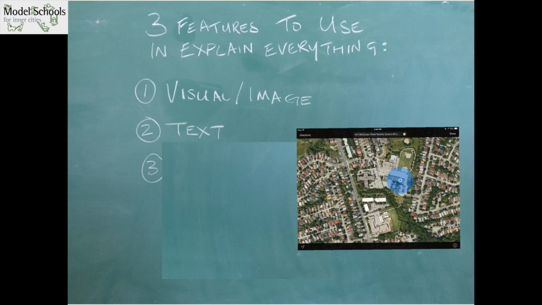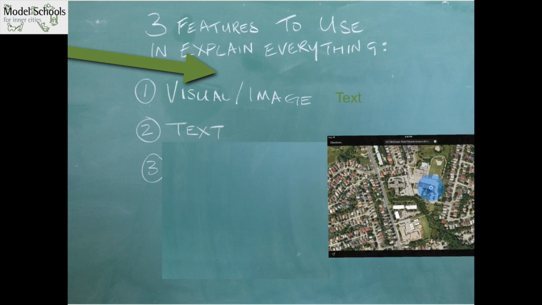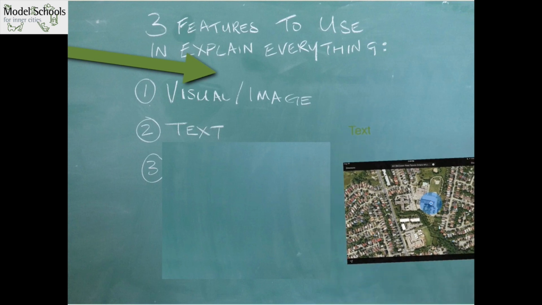Now, this says text, but essentially what we're talking about is a way to direct our audience's attention to the object. So we were using an arrow to do that, but of course you can use text, and put that into your image that you're taking a look at.